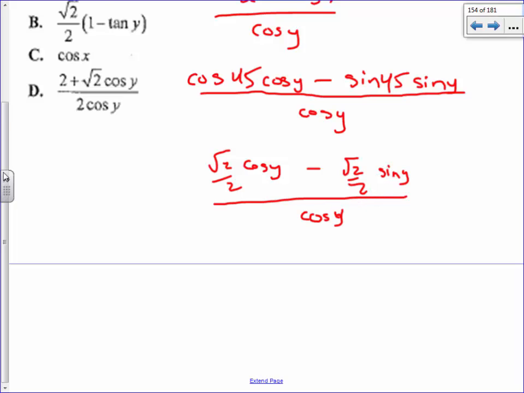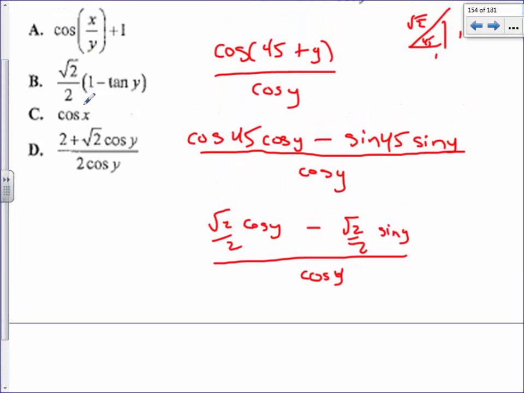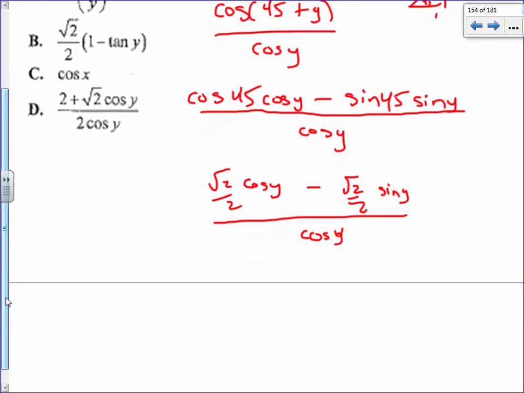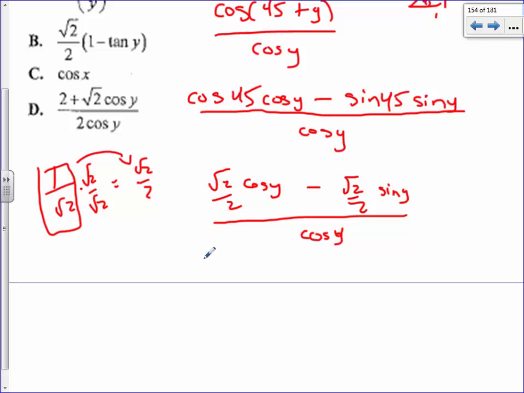At this point, I'm fairly confident that it's either B or D, right? That's my guess. Anytime you have a 1 over root 2, if you multiply by root 2 over root 2, it would give you root 2 over 2. So rather than writing it like this, I'm just going to write it like this instead.